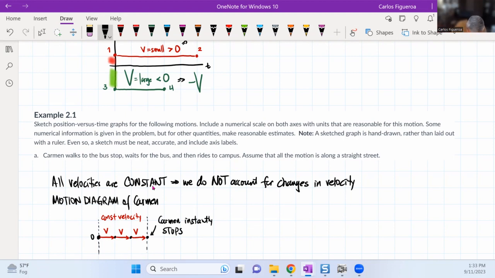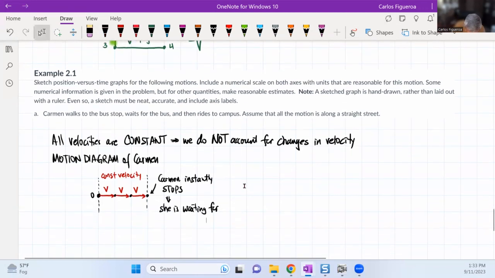So she instantly stops here. So that means here that what we're saying here is that she is waiting for the bus with v equal to 0. Is that a realistic picture? Of course it's not.